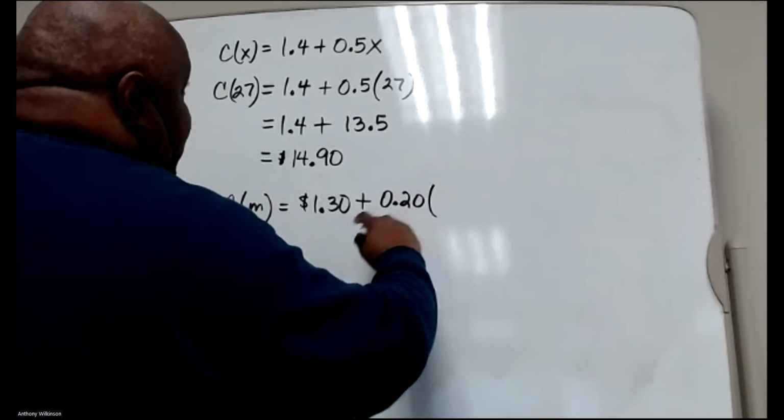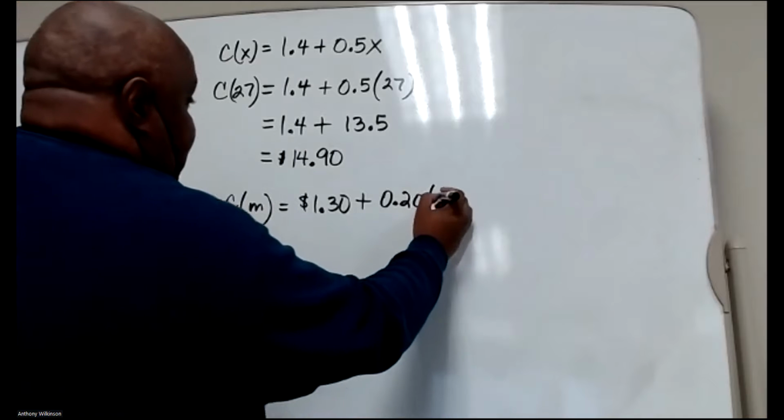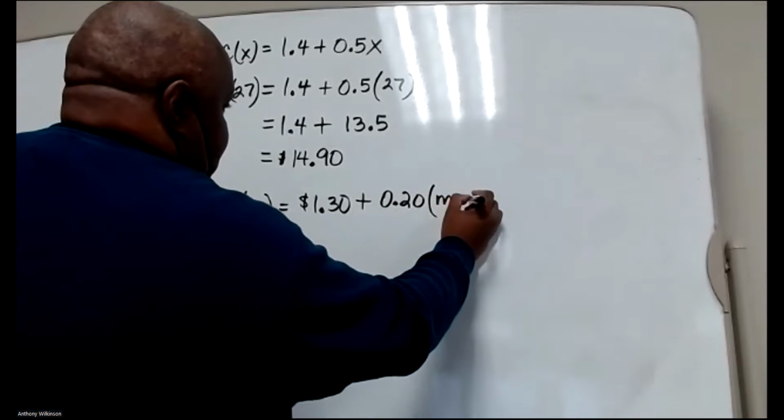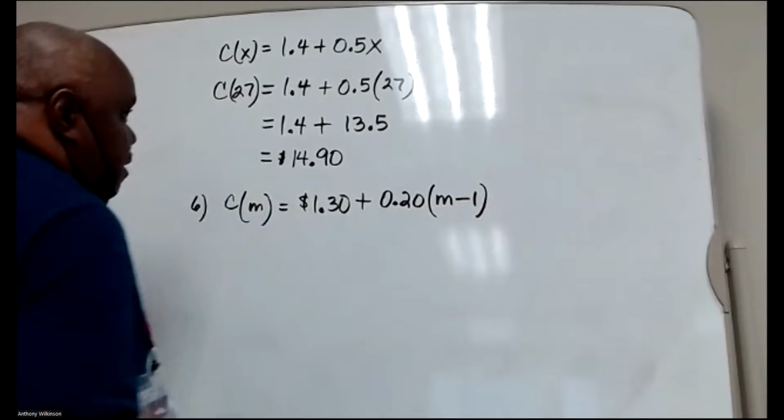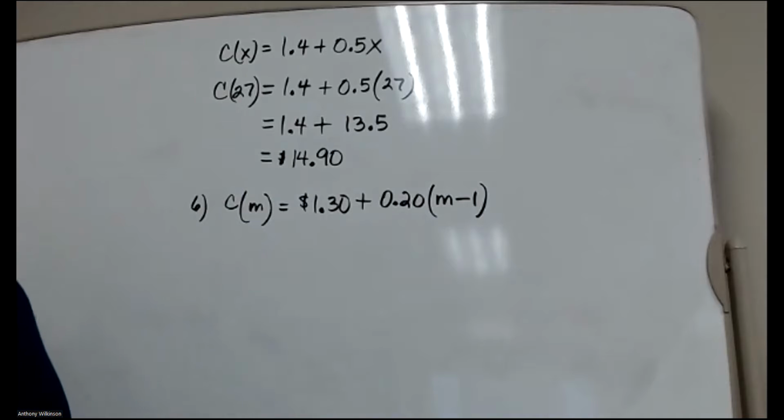Now, for each minute after the first minute, I have to write this as M minus 1. I'm just writing it as a function.